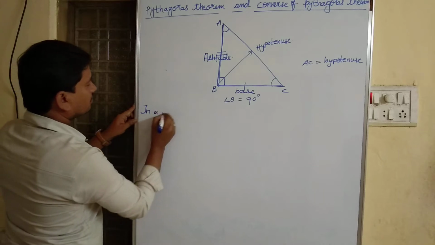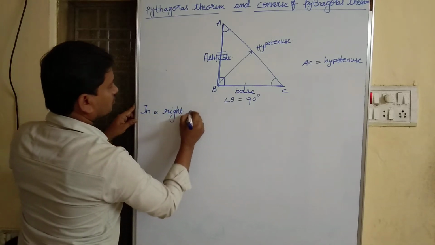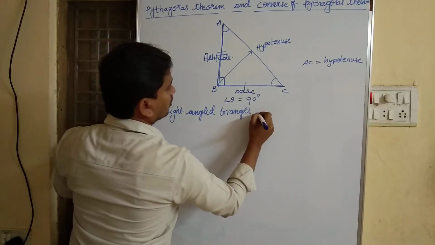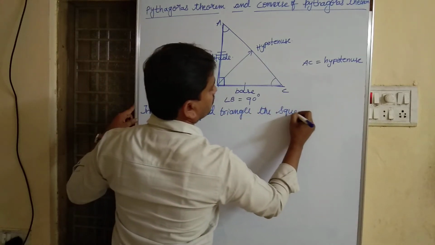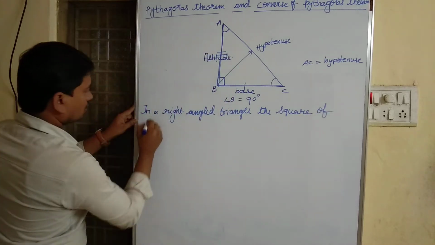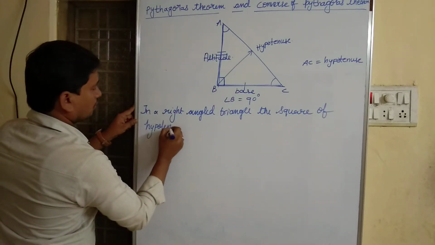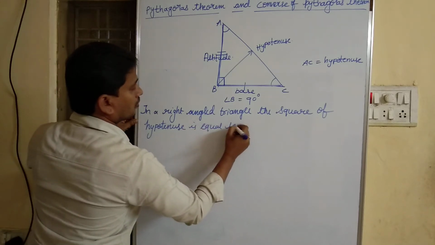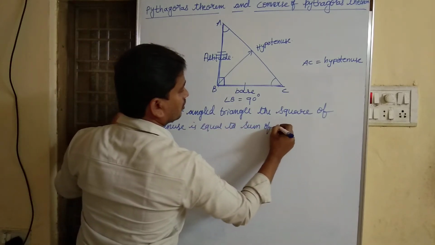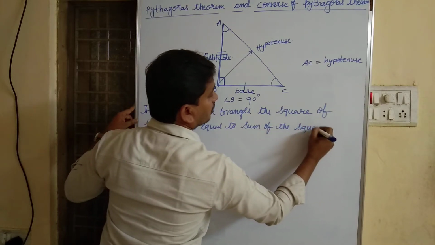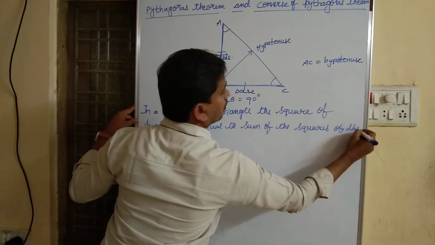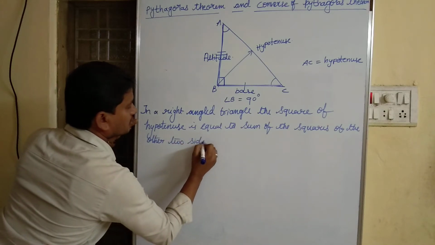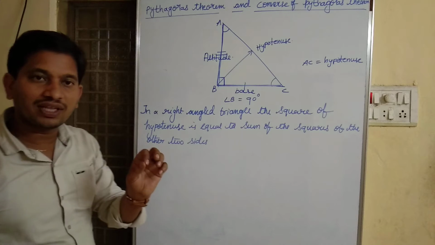In a right angle triangle, the square of hypotenuse is equal to the sum of the squares of the other two sides. That is the statement of Pythagoras theorem.